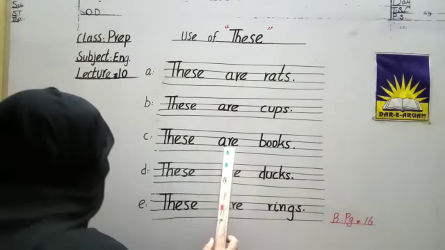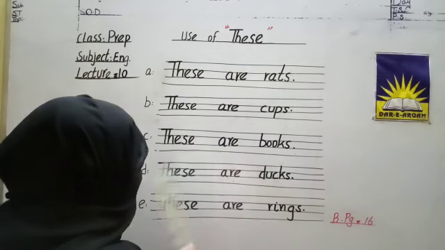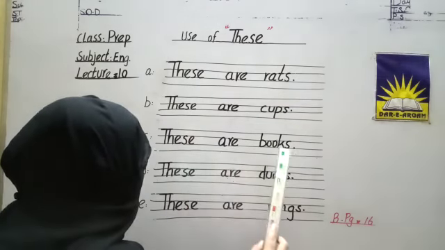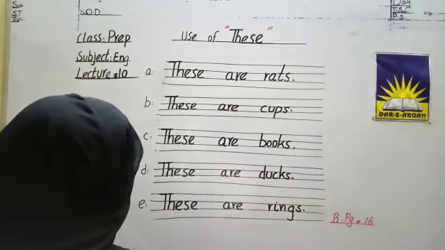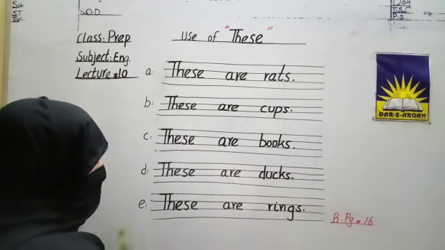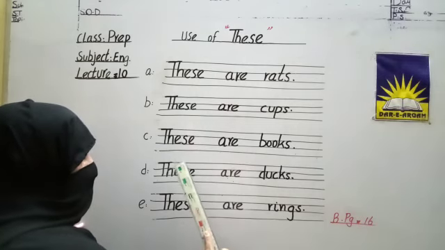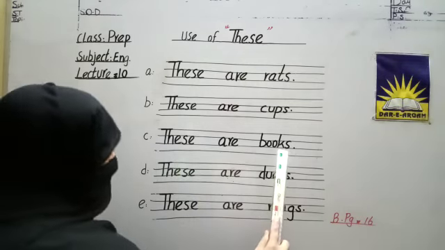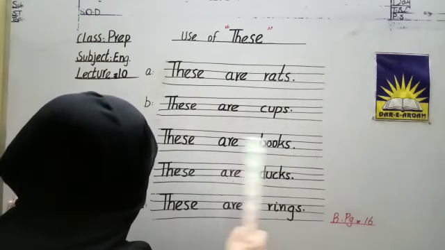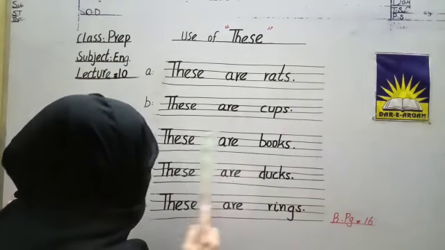These are books. Books is a plural subject, so that's why we use here the word these.